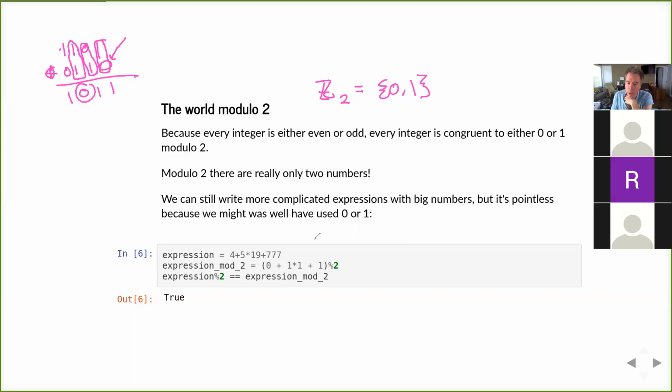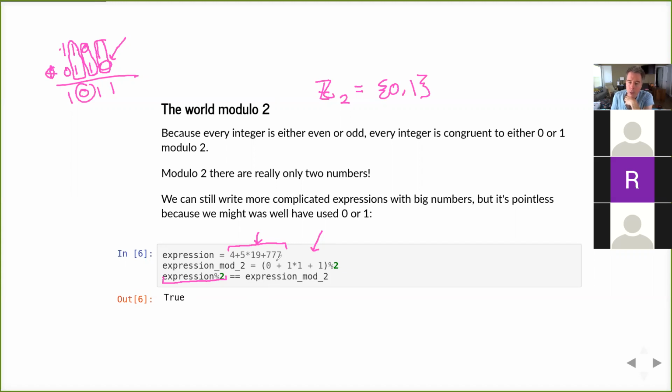All right, so in these little blurbs like this, I'm trying to make a point about modular arithmetic, which is important. So here I've got some expression, which is 4 plus 5 times 19 plus 777. We could just do all that using a calculator, and then after we fully compute it, reduce modulo 2.